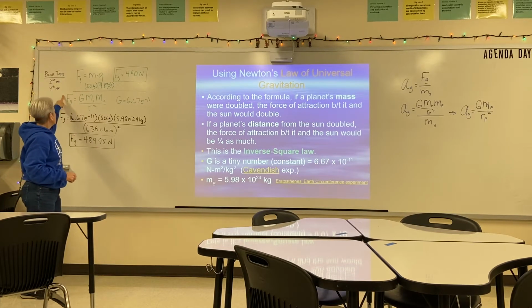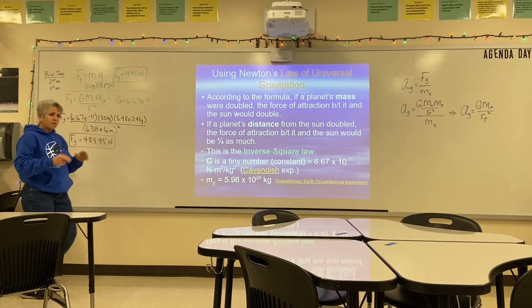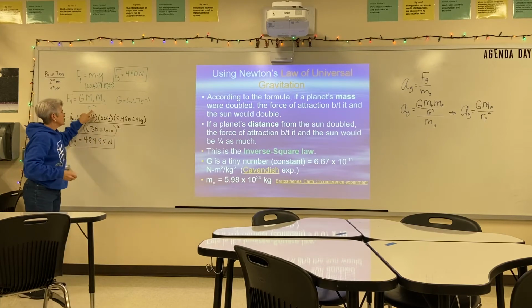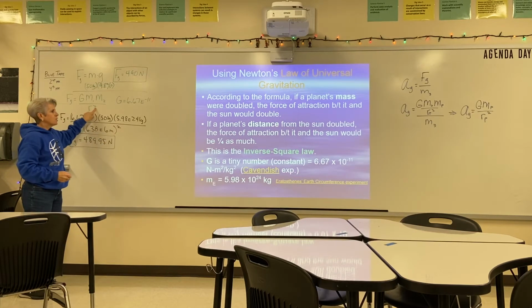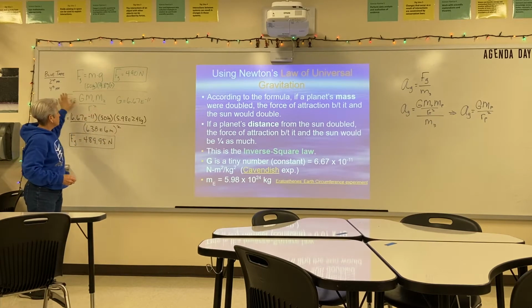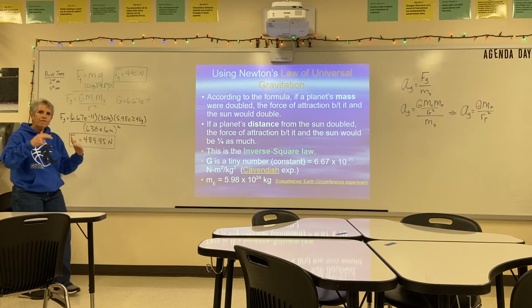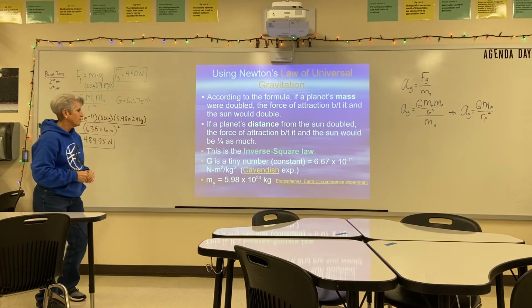Or if you doubled the distance, if we get these things twice as far away from each other, whatever we do to this distance gets squared. And so if you double the distance, now I'm taking this top quantity and dividing by 4, so the force is now 1/4 as much as it was before.